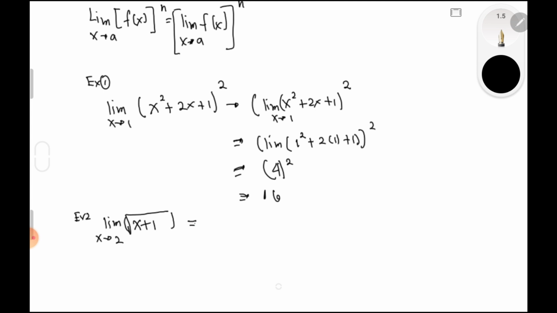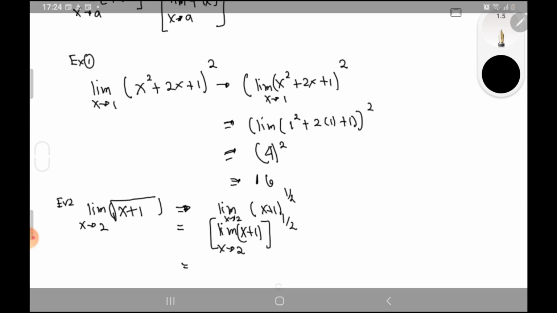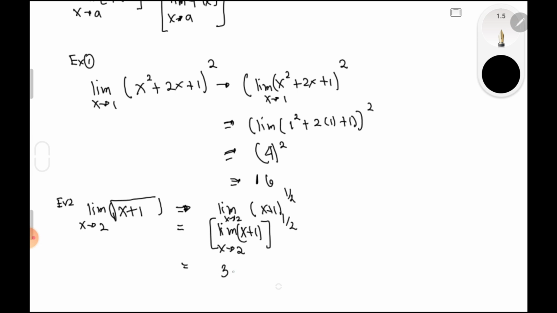Okay, so I may rewrite it into the limit of x plus 1 raised to 1 half as x approaches 2. So we will have a value equal to 3 raised to 1 half, or square root of 3.